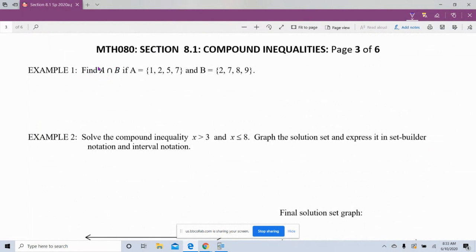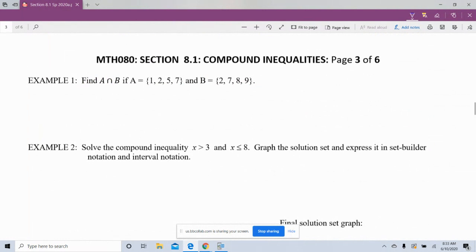So find the intersection of the sets A and B if the set A contains these numbers, 1, 2, 5, and 7, and the set B contains these numbers, 2, 7, 8, and 9, right? So what I want is only the numbers that are in both sets. That's what intersection is.